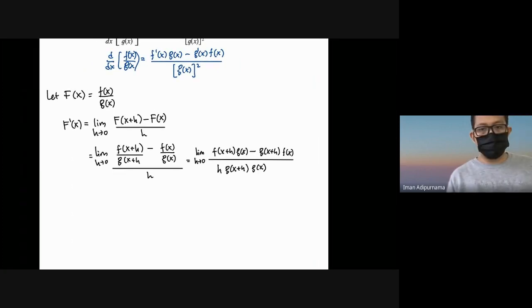Okay, we can start with that, and then similar thing, we can add and then subtract some expression that probably gives us our derivative.